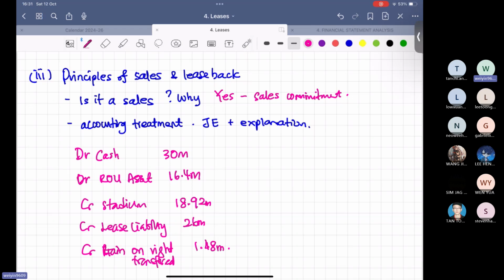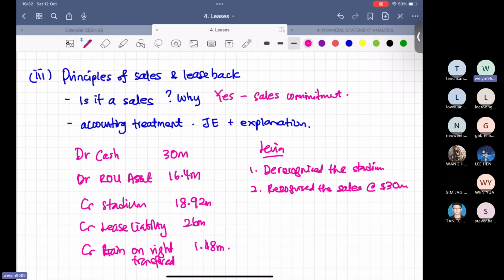Where you can get the answer, you just tell the examiner that because this is a sale, the seller should, number 1, derecognize the asset, the stadium, right? Number 2, recognize the sales of 30 million, because I have to relate to the case, right?